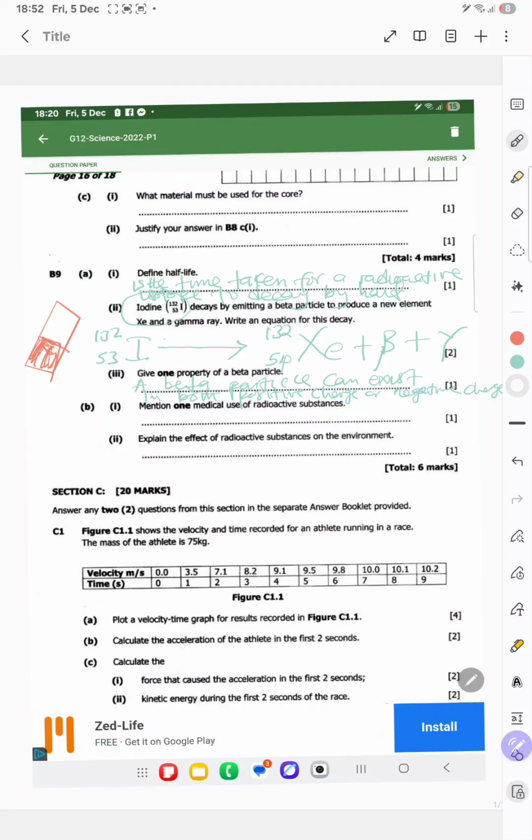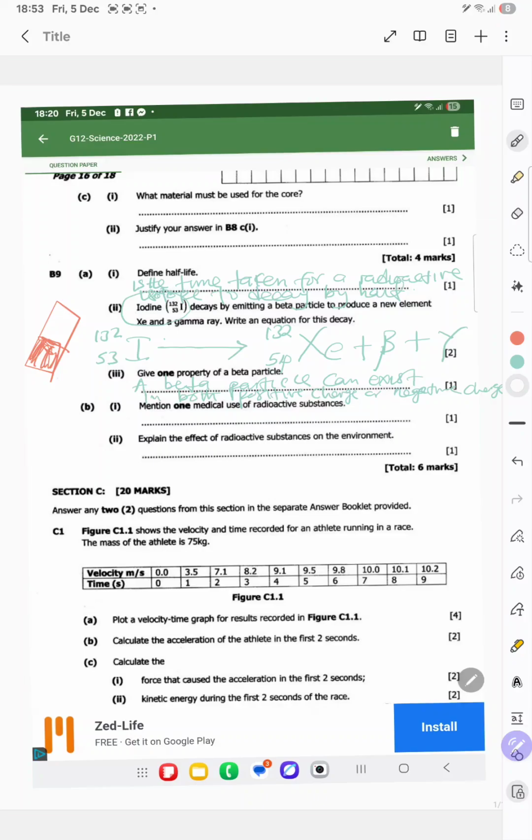Alright, so that is how you can state the property of a beta particle. There are so many properties of a beta particle, but I've just given you one, which is that a beta particle can be a positive charge and it can also be a negative charge. So it has no specific charge. It can either be positive, or it can also exist in a negative form. So that is how a beta particle behaves.